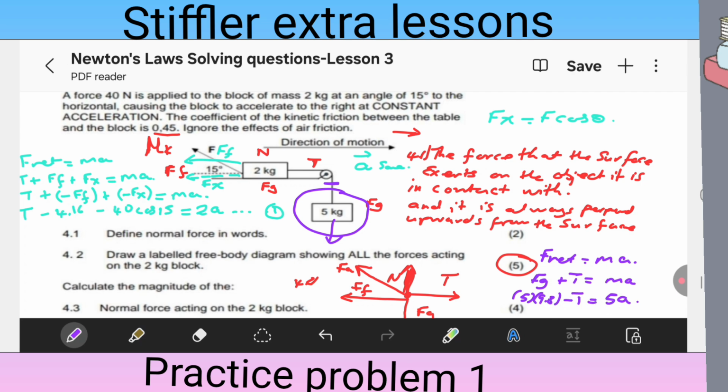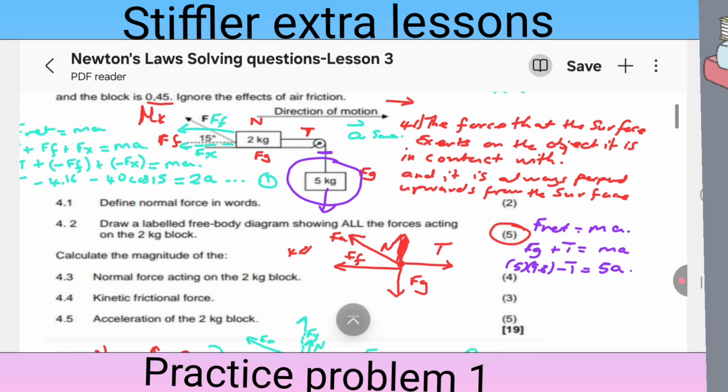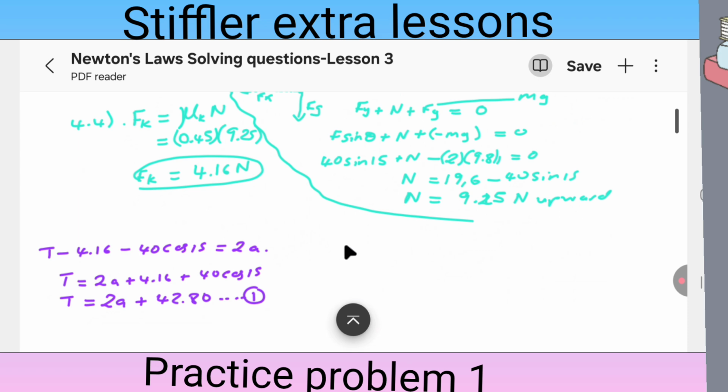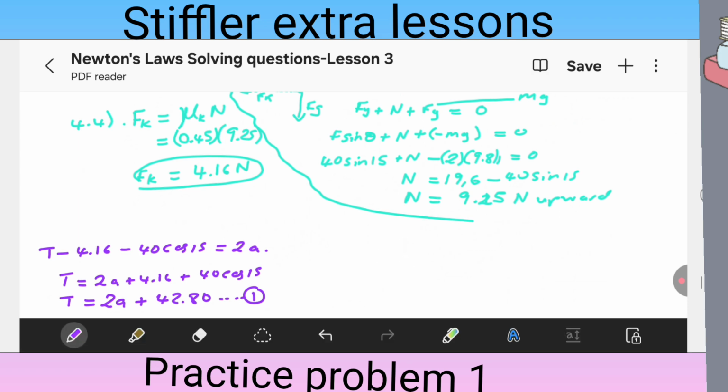So now let's check that equation and write it there. So here we have 5 times 9.8 minus tension is equivalent to 5 times acceleration.